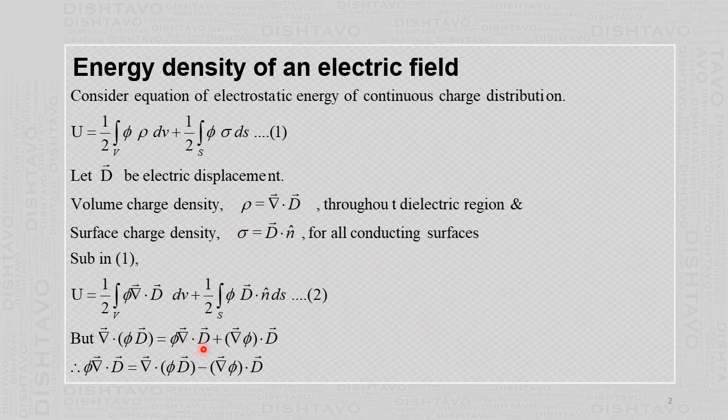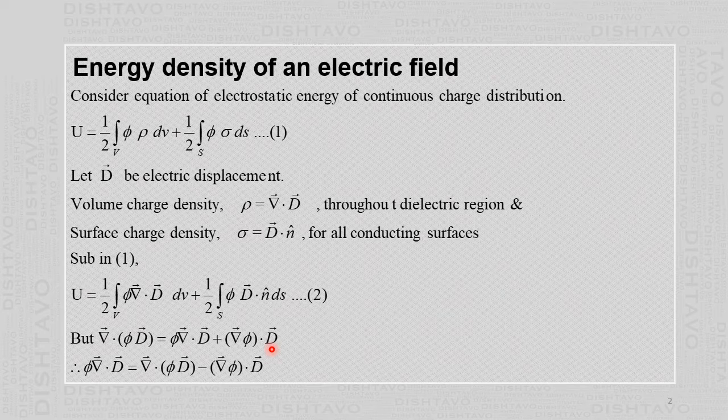Del is a vector quantity and D is also a vector quantity. Plus the derivative of the first function, which is grad phi, because phi is a scalar function, so we cannot write a dot or cross in between. This quantity is a vector, into the second function which is the vector D, so you have to write a dot product here, because both are vector quantities.